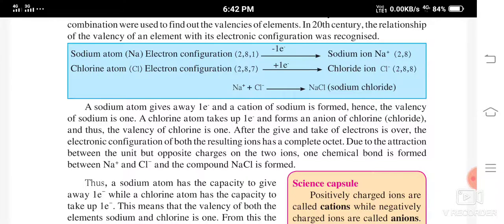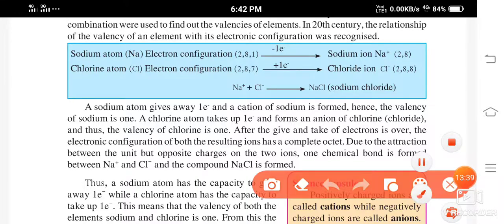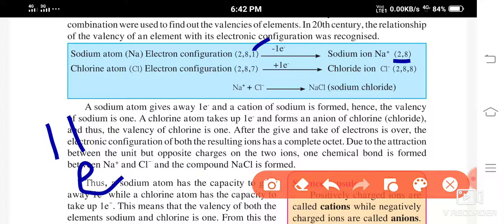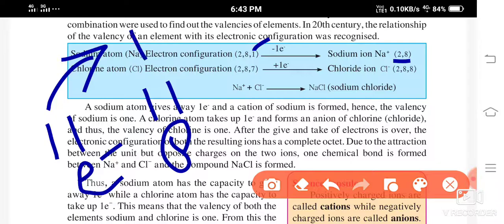Now see, you can see over here 2 and 8. Sodium contains 11 electrons as well as 11 protons, right? That is, the negative and positive charges are equal. Now this sodium is going to give away 1 electron, and it is going to become 10.